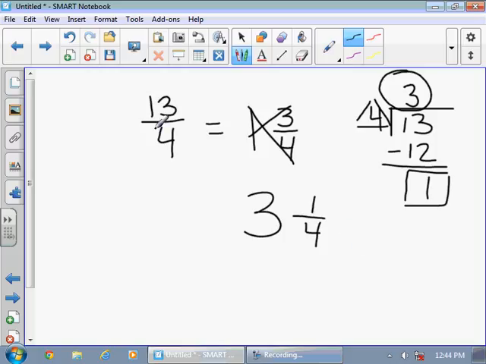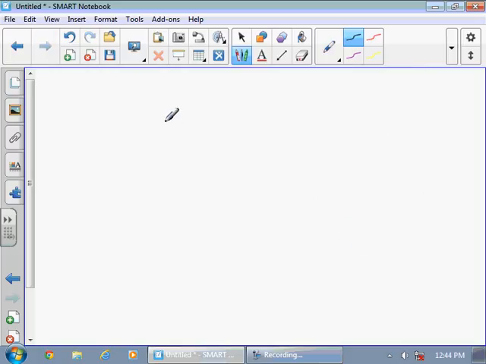Okay? Let's do another one very quickly on our paper. Let's say we have 27 over 5. Do that one really quickly. Got the answer? Give me just 1 second, Logan, to let them finish up.